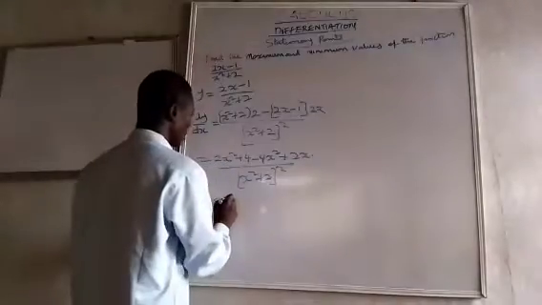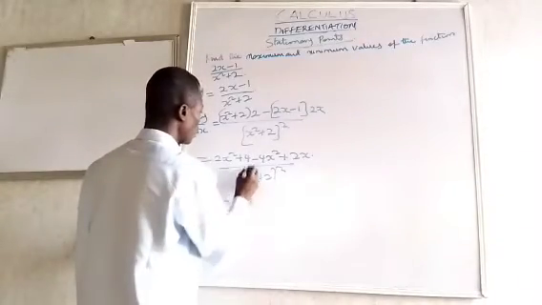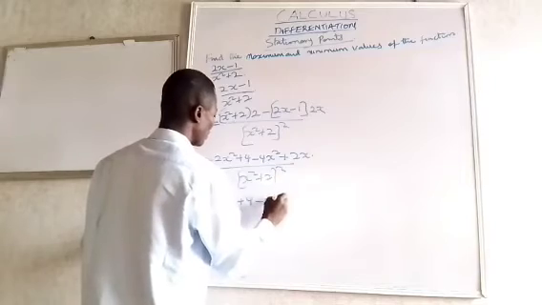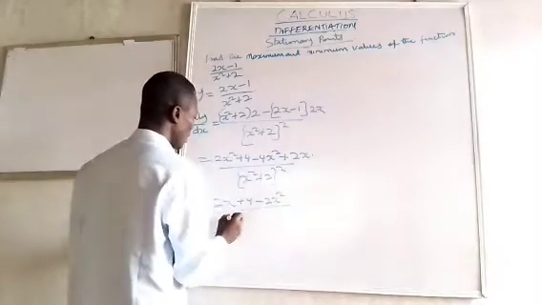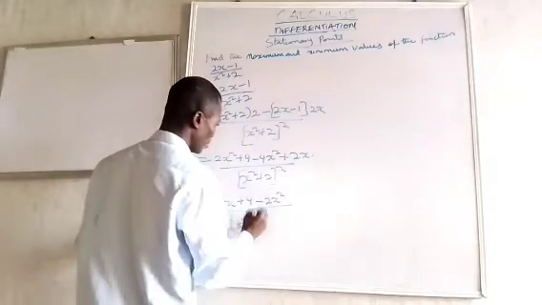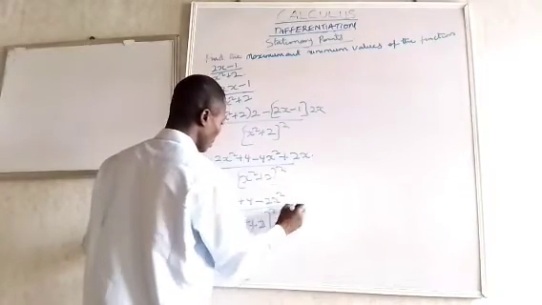I'm going to have 2x plus 4 minus 2x squared, divided by (x squared plus 2) whole squared.